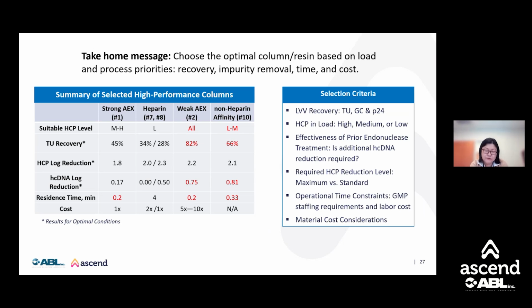For example, if the whole cell DNA has already been effectively removed in the previous endonuclease and clarification step, the number 2 and the number 7 columns can be sufficient and cost-effective. And with improved buffer formulation, LVV stability has increased, making the longer processing time using the heparin resins more feasible.